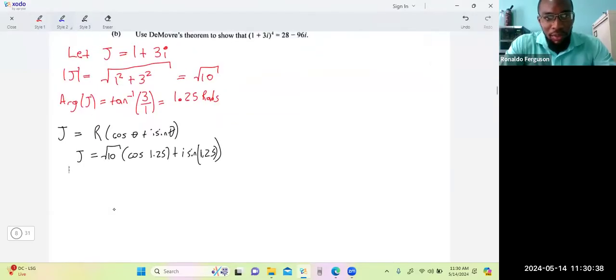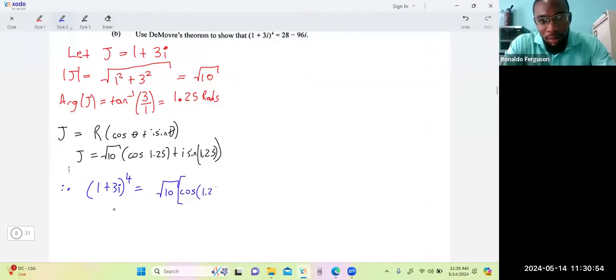So now this is where De Moivre's theorem really applies. So 1 plus 3i to the fourth power is root 10 cos 1.25 plus I sine 1.25, and we're raising all of this to the fourth power.